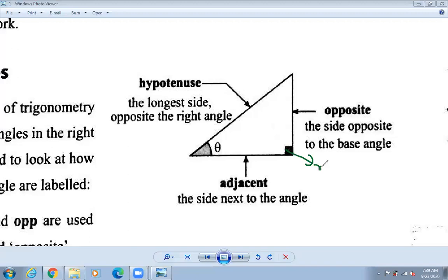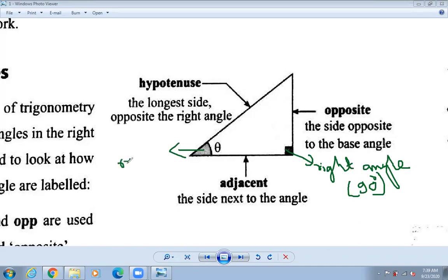We call this the right angle, or 90 degree. And this is called the reference angle. If there is theta on it, or any alphabet on it, that is called the reference angle.